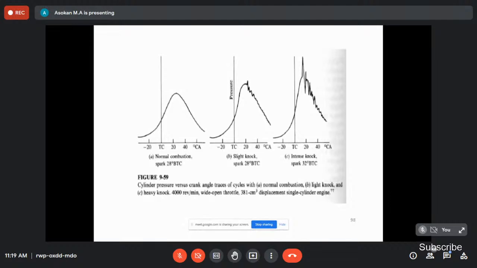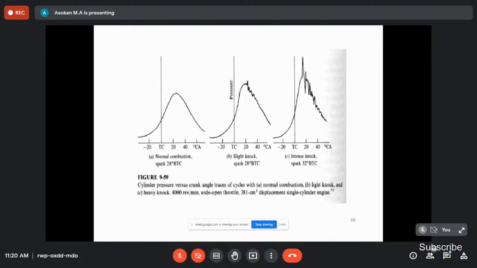But in the case of slight knock, wavy forms occur later, after TDC. Why? Because of pre-ignition. Pre-ignition occurs at the end of the charge. So due to this ignition, the flame already travels in one direction, the regular flame travels across the cylinder.